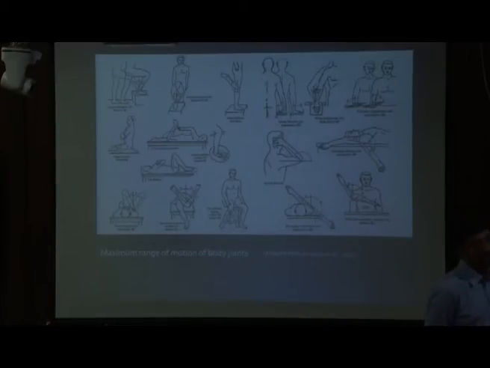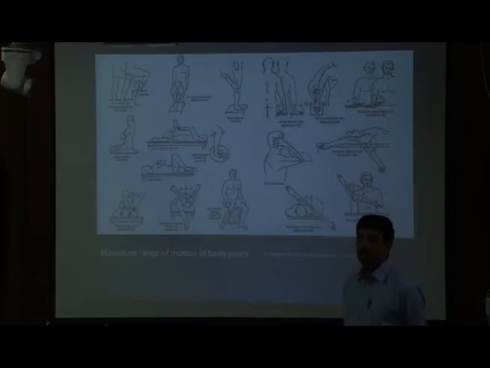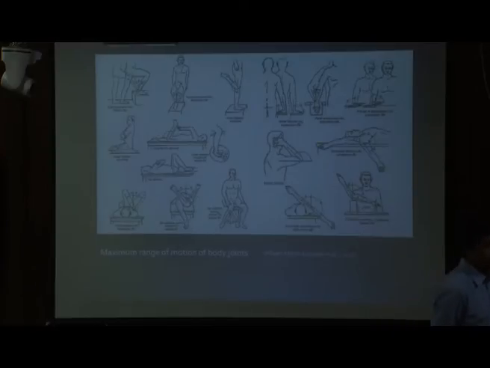Population to population, range of motion varies. Although the degree of freedom is the same, because for a particular human body joint, the degree of freedom is fixed. It may be 1, 2 or 3 degrees of freedom, but it is the same for all individuals. But the range of motion is different from individual to individual as well as from population to population.